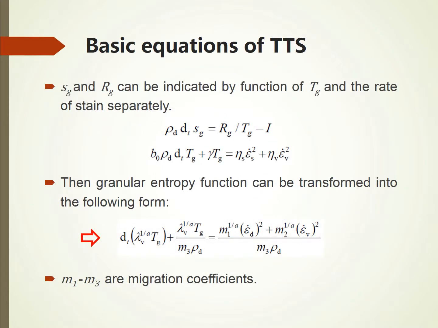Sg and Rg can be indicated by functions of Tg and the rate of strain separately. So then the granular entropy function can be transformed into the following form. In this equation, M1 to M3 are migration coefficients.